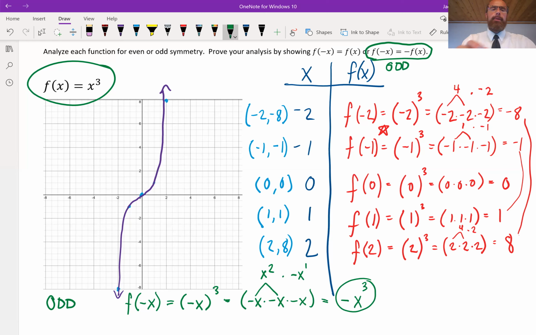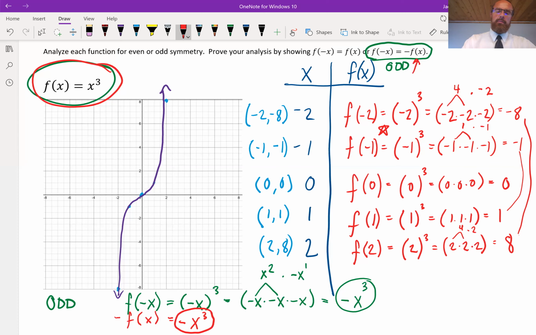Now I need to compare that to negative f at x. So if it's odd, it should be the same as negative f at x. So what I'm going to do is I'm going to pull f at x. Again, we see it here in our original rule is x cubed. And then to get negative f at x, I'm just going to place a negative with that original function. Not a whole lot of work to do here.